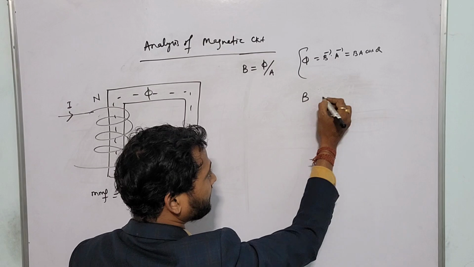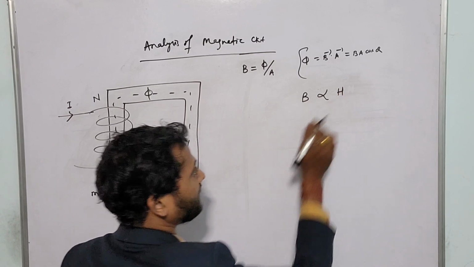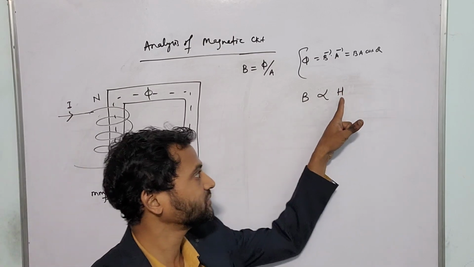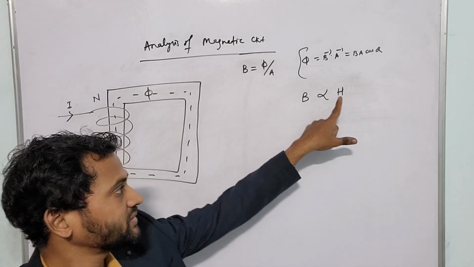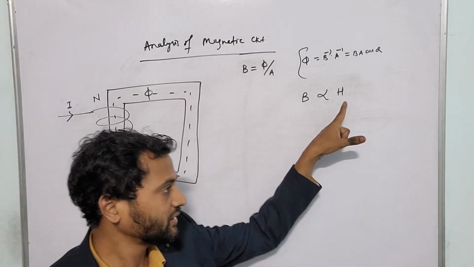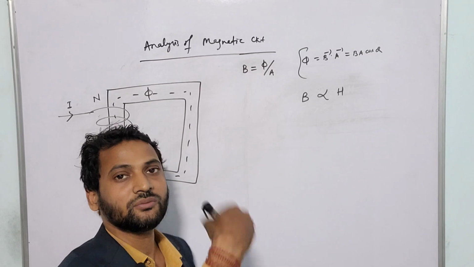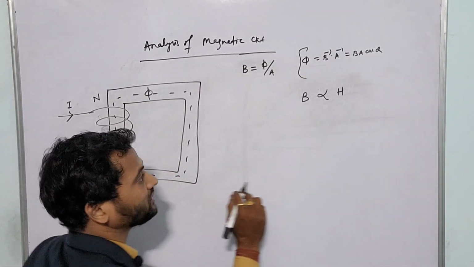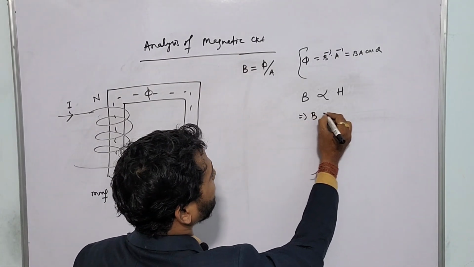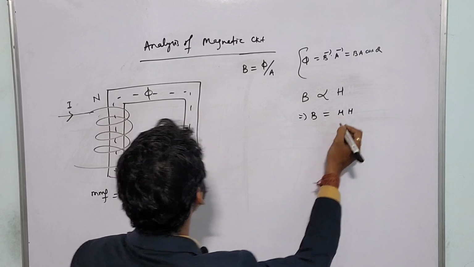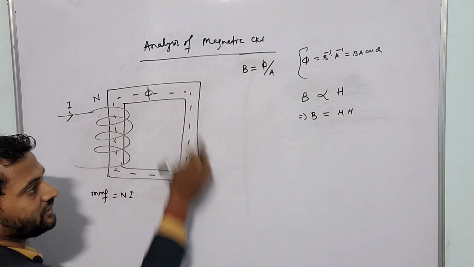Also we know magnetic field is directly proportional to magnetizing force. H is the magnetizing force. What is the role of magnetizing force here? Magnetizing force helps to move a unit north pole from one point to another point by doing some work done, right? So I can write B is equal to mu into H. Mu is nothing but the permeability of the material.